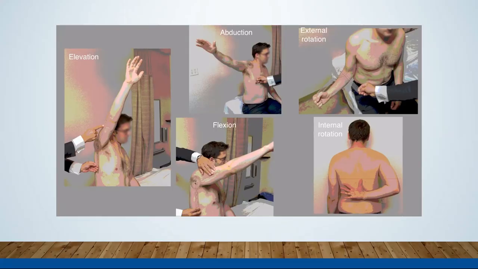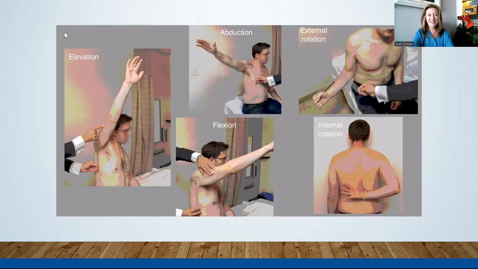Did you understand that description? So in the lower right-hand corner, look at internal rotation. The dorsal surface of the hand is touching the spine, producing internal rotation of the humerus.